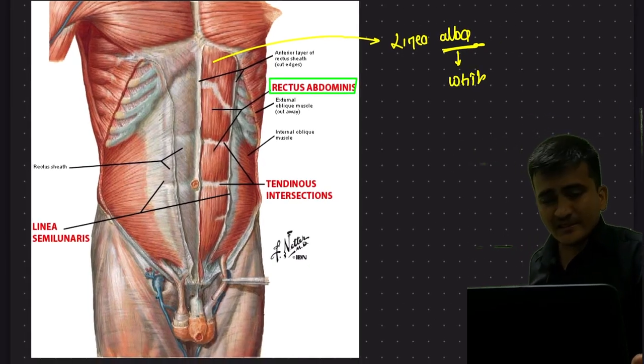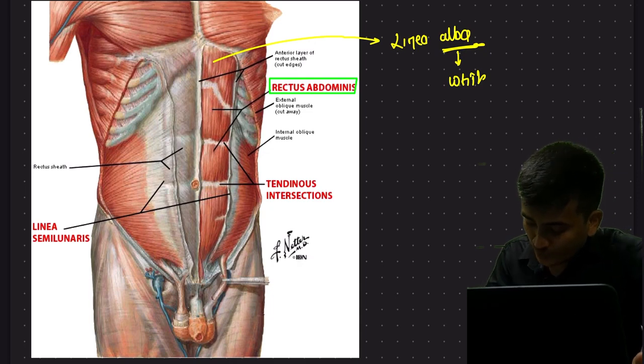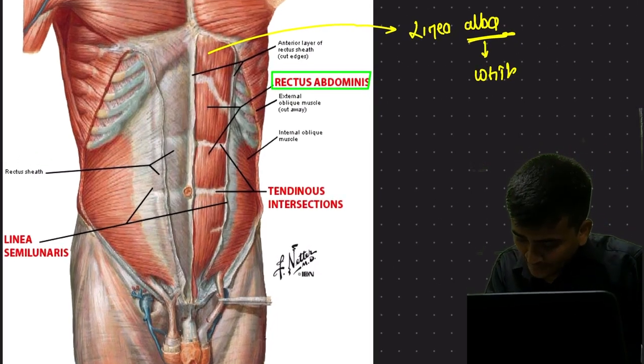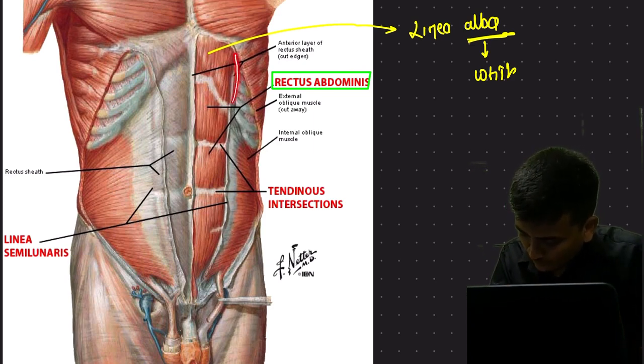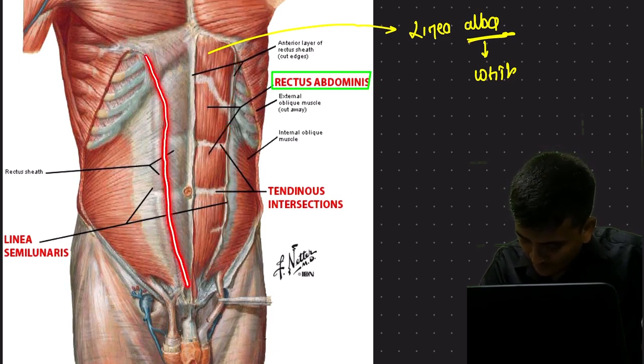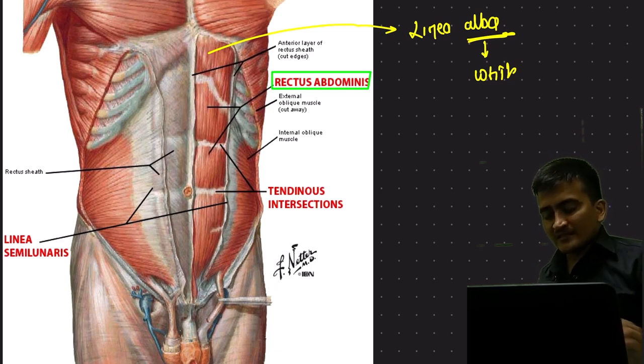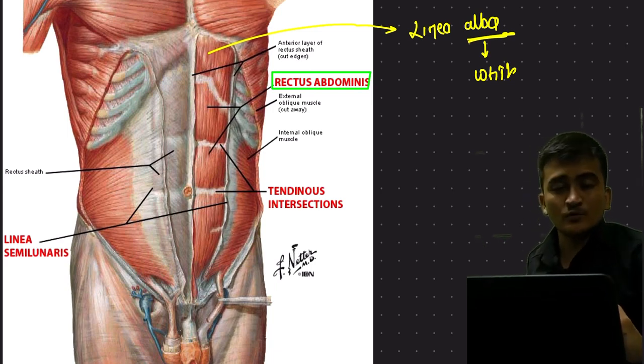Another thing that we need to know is, if you look properly, you will find something like the linea alba in this corner: a white border-like structure right here. Now what are these things? These are the linea semilunaris.